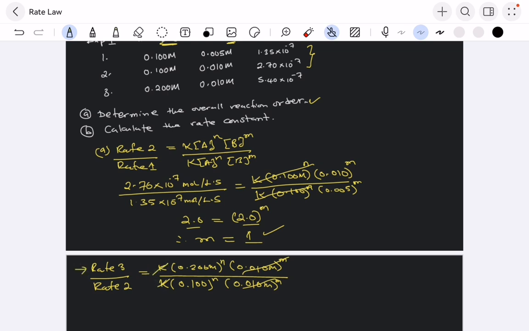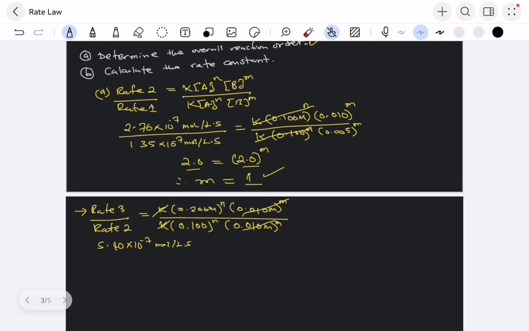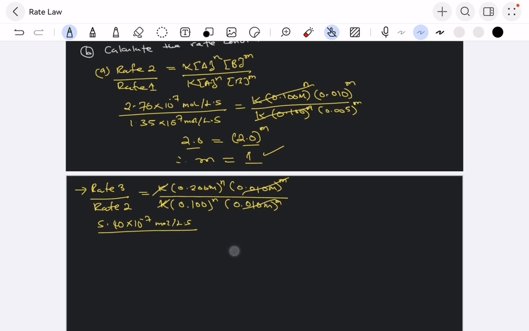Then when we key in the figures, rate 3 is 5.40 times 10 to the negative 7 with the units, mole per liter per second, divided by rate 2, which is 2.70 times 10 to the negative 7 mole.